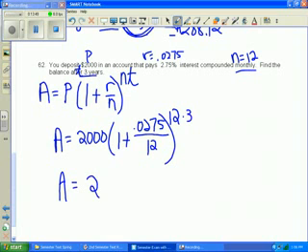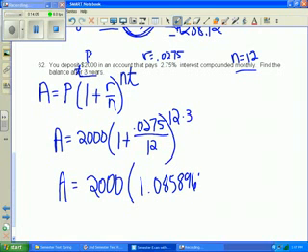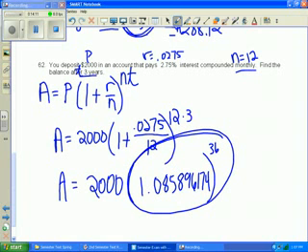The thing you need to make sure that you do, and the thing that I keep seeing mistakes happening on, is that you may want to keep this all in the calculator until the end, or just do it to 4 places. You need to make sure that you do this exponential part first.